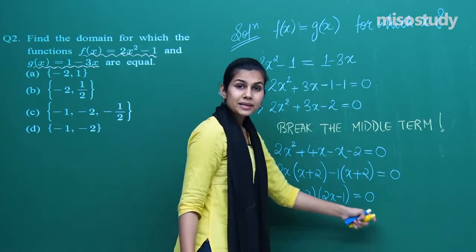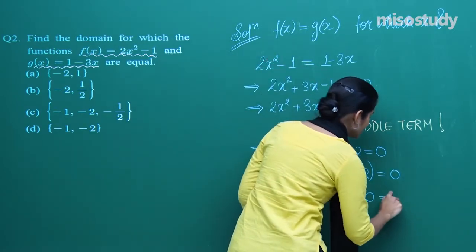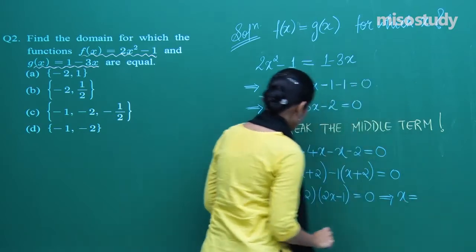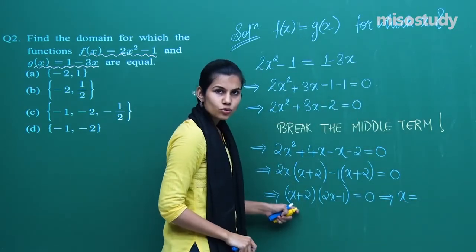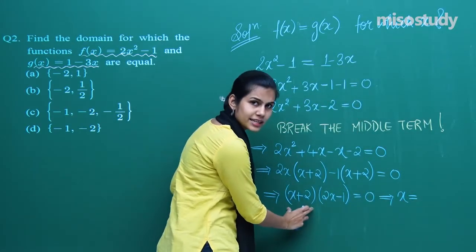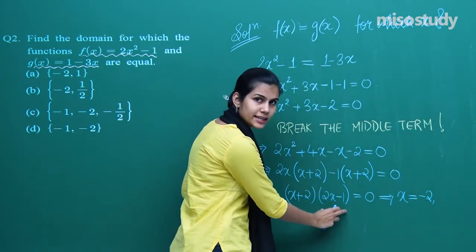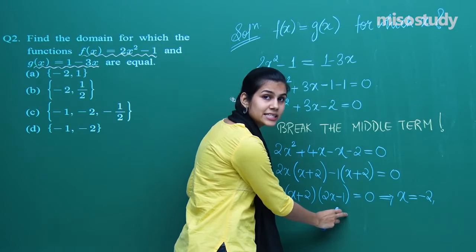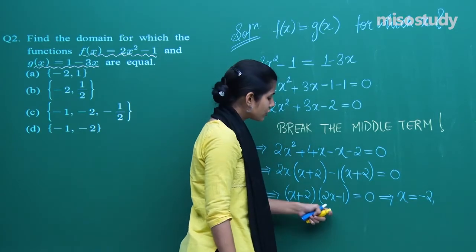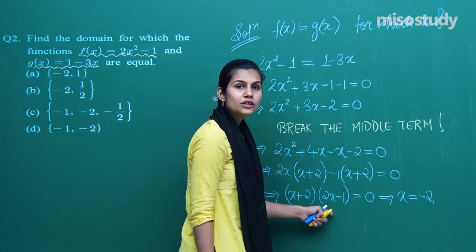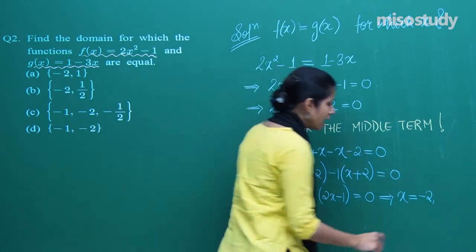Now this can be 0 provided x is minus 2. That means this term is 0, which means x is minus 2, or this term is 0, which means x is equal to half, because 2x minus 1 equals 0 gives x equals half.